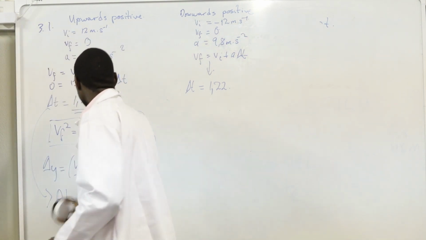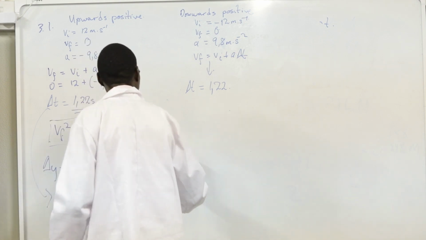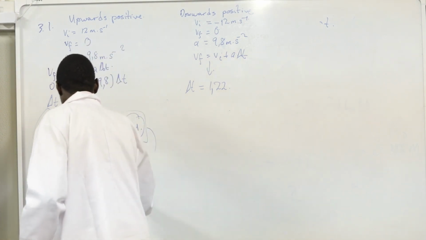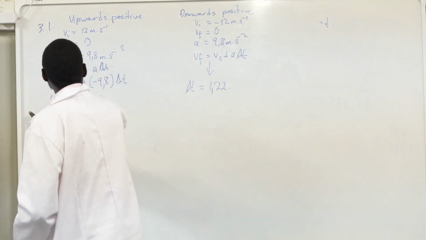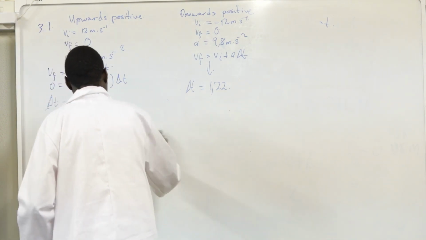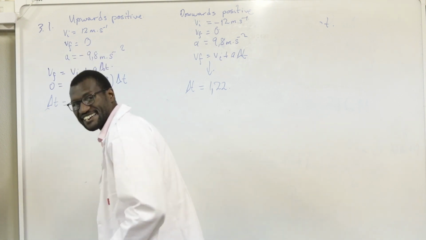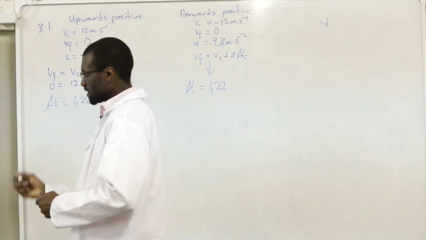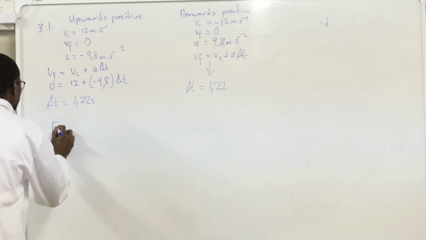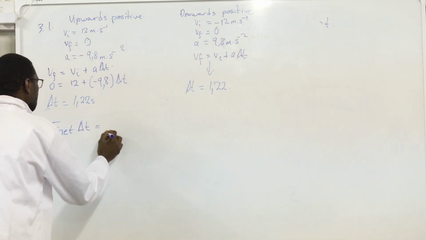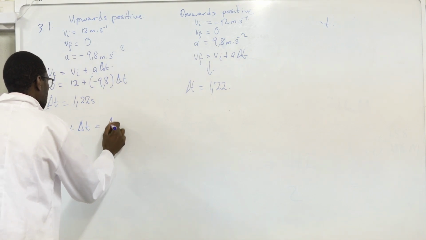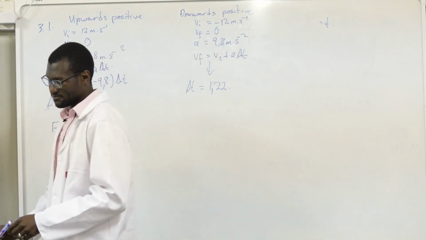What I'm interested in is another different method right now, in which I apply something that we have already done, okay? Which is F net multiplied by change in t is equal to change in momentum.